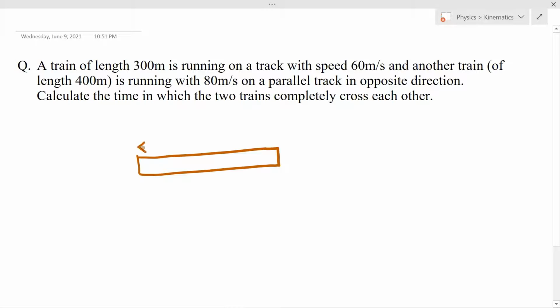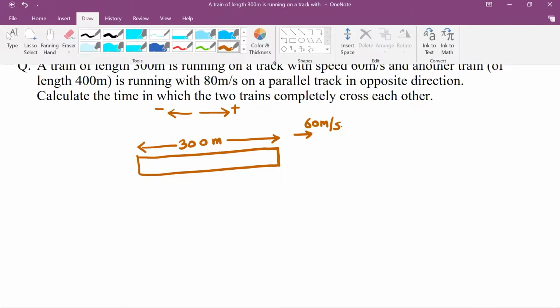Let's say this is a train whose length is 300 meter and it has a velocity towards right which is 60 meter per second. And let's assume right is a positive direction and left is a negative direction. And let's say there is another train. Let me use a different color.